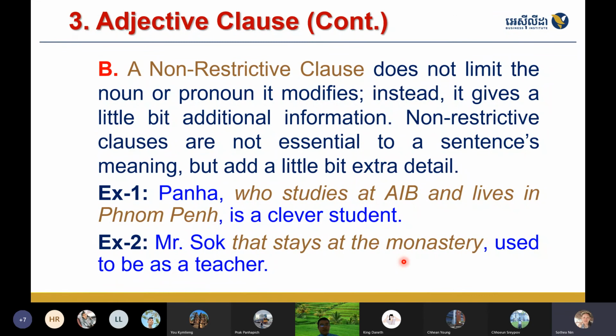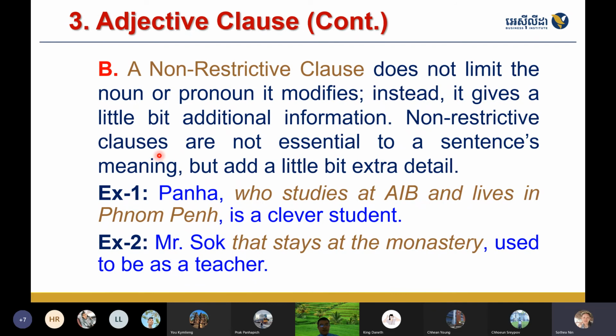A non-restrictive clause does not limit the noun or pronoun it modifies. It gives a little bit of additional information.